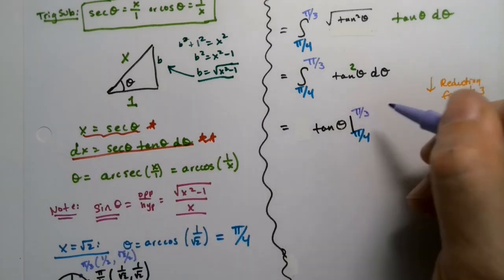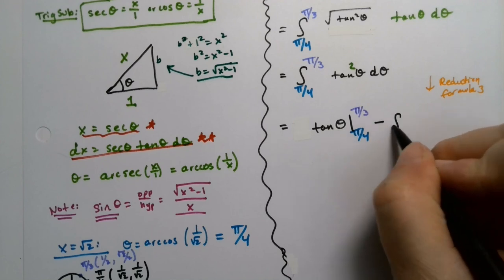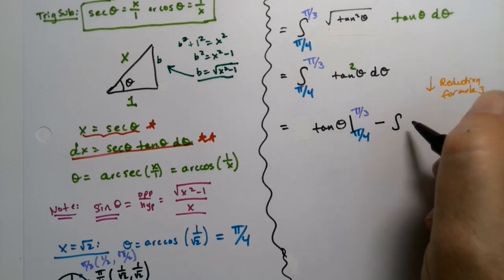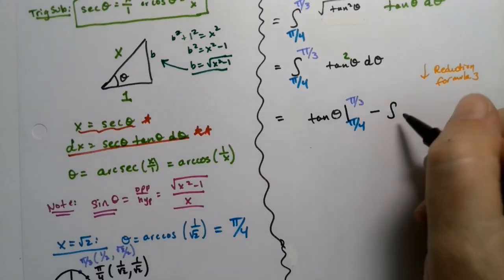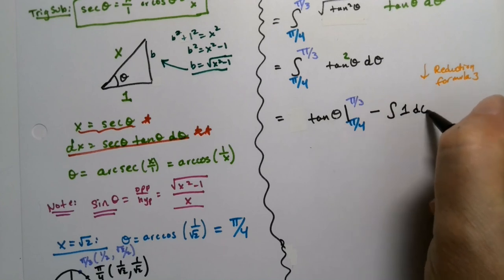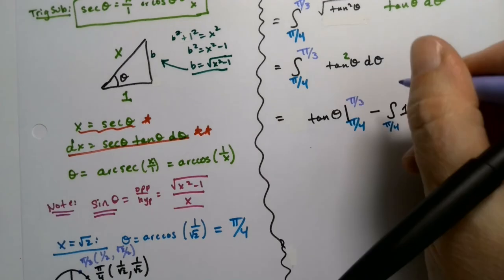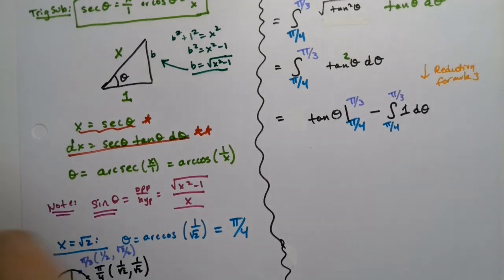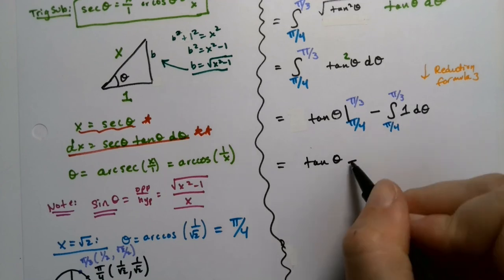If we have to keep those definite integral numbers in there, minus the integral of tangent to the 0. Tangent to the 0 would be 1. So it's just 1 d theta. And again, that one is from pi over 4 to pi over 3. So then that would mean that it's tangent of theta minus theta.